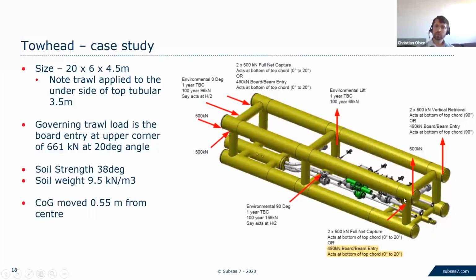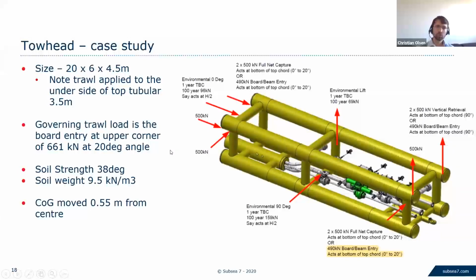This load will then lead to a torsion and an overturning at the same time. The size of a typical towhead is 6 meters wide, about 20 meters long, and maybe 4.5 meters high. And the trawl load is applied on the underside of the tubular, not on the top, since if it snags underneath, then that's where it's applied.